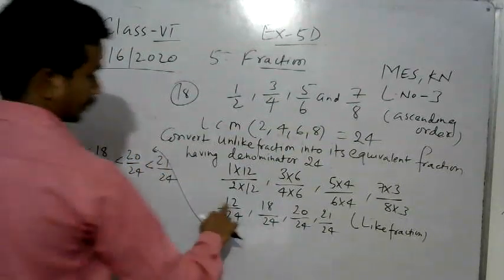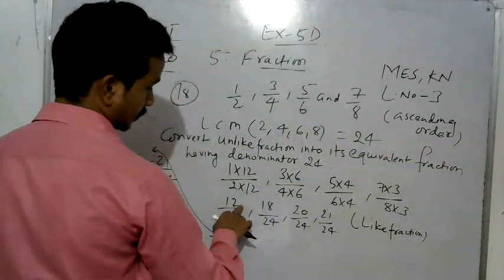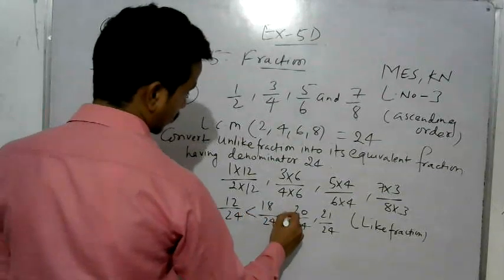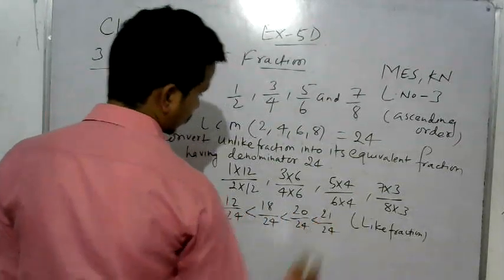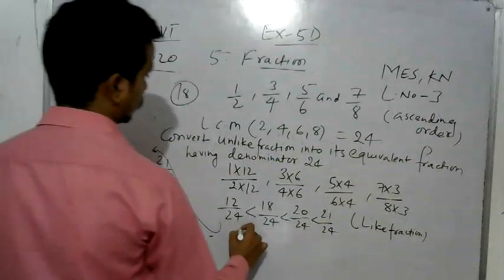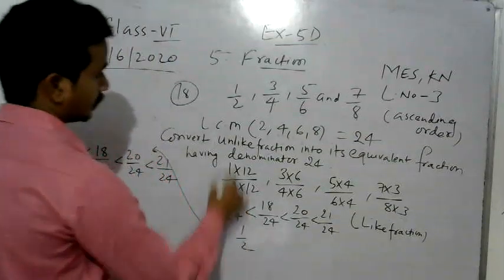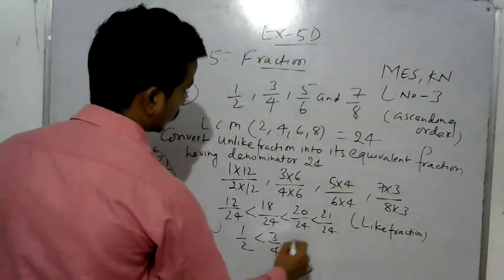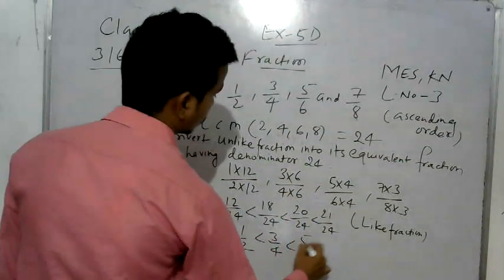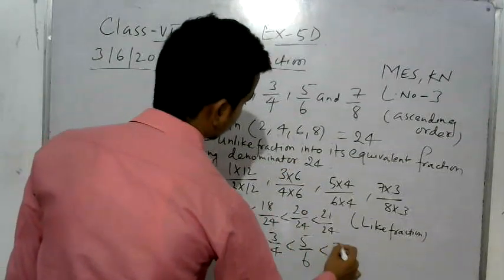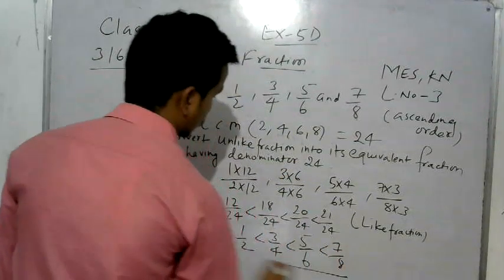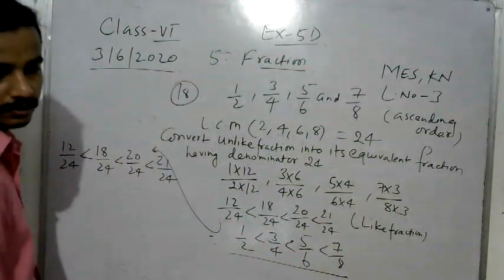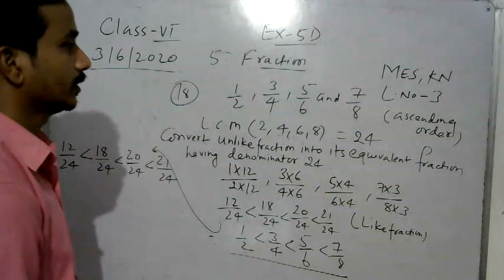So this fraction is greater than this, and this is greater than this, and this is greater than this. Therefore 12 by 24, which is half, is less than 3 by 4, which is less than 5 by 6, which is less than 7 by 8. So this is the fractions in ascending order. Okay, in this way you have to compare them.